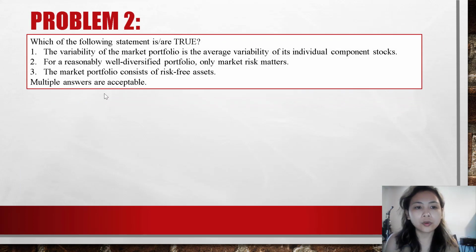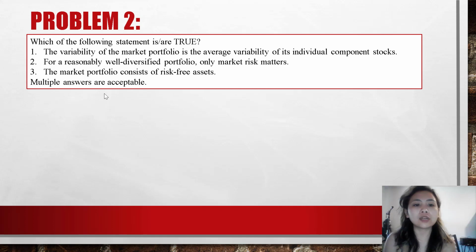Problem 2. Which of the following statements are true? 1. The variability of the market portfolio is the average variability of its individual component stocks. 2. For a reasonably well diversified portfolio, only market risk matters. 3. The market portfolio consists of risk-free assets.